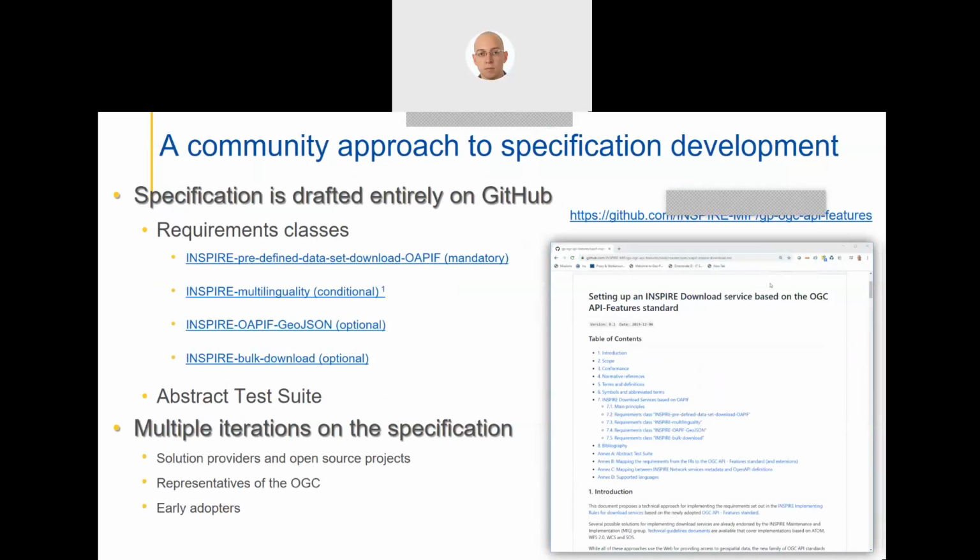We have adopted a community approach for the development of the specification, where everything is being drafted entirely on GitHub. And we have done that through multiple iterations. So it's really something that is evolving gradually in time.